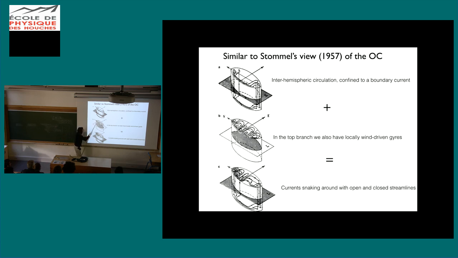And the Gulf Stream would be here, which is not far from there. The sum of these two patterns gives you something that snakes around. What we call the North Atlantic current is this part of the circulation that has been modified by this part.